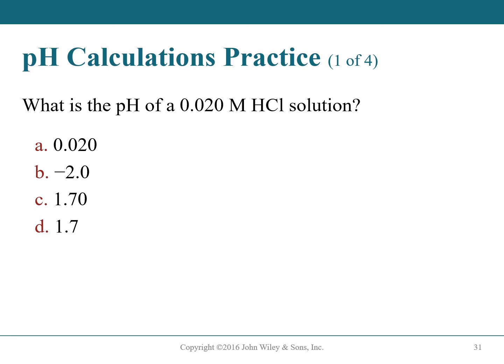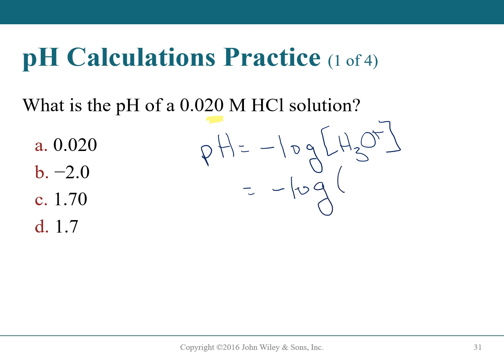What about looking at 0.02 molar hydrochloric acid? So the pH is equal to minus log of my hydronium ion concentration, which is equal to minus log of 0.020 molar, which is 1.69897.